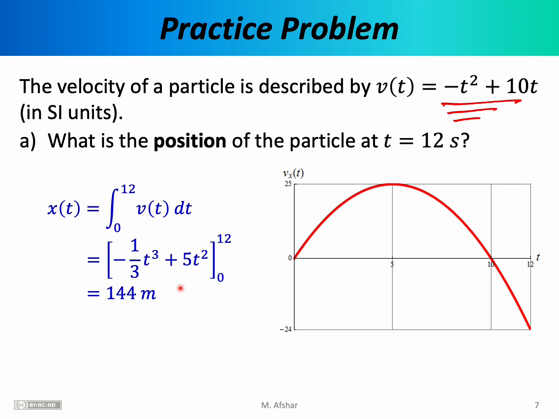You need to be relatively comfortable with this type of a calculation. So finally, we can say the position of the particle or this object after 12 seconds is 144 meters. If I'd asked for the position of the particle at, let's say, 7 seconds, then the limits of integration would be 0 to 7.